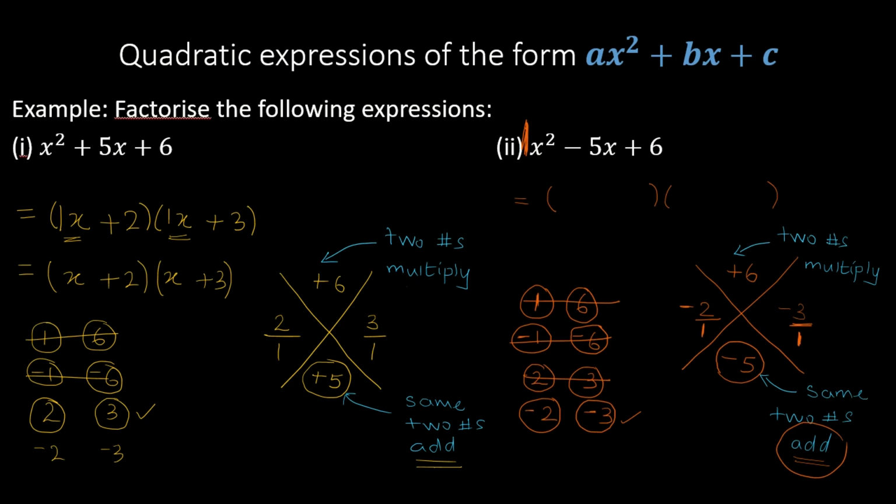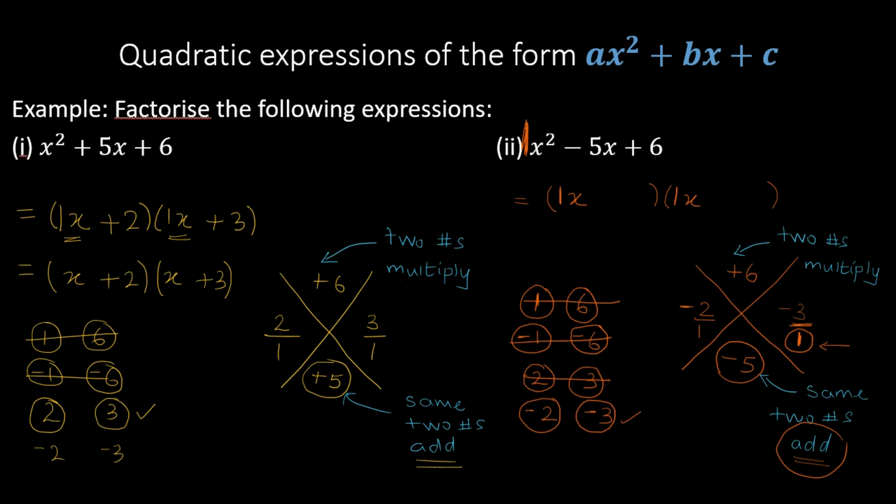We start with the denominator. The first denominator 1 becomes the coefficient of x in the first bracket. The second denominator 1 becomes the coefficient of x in the second pair of brackets.